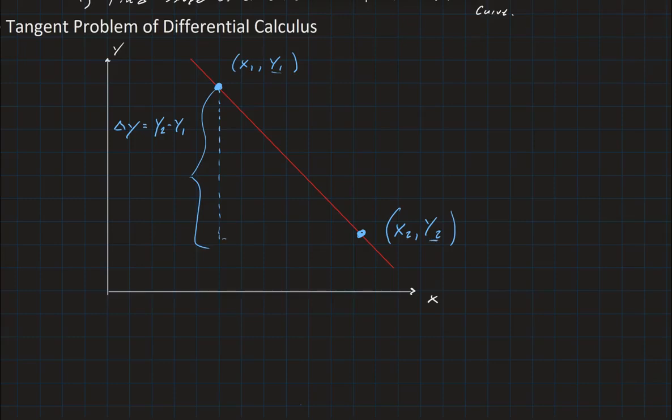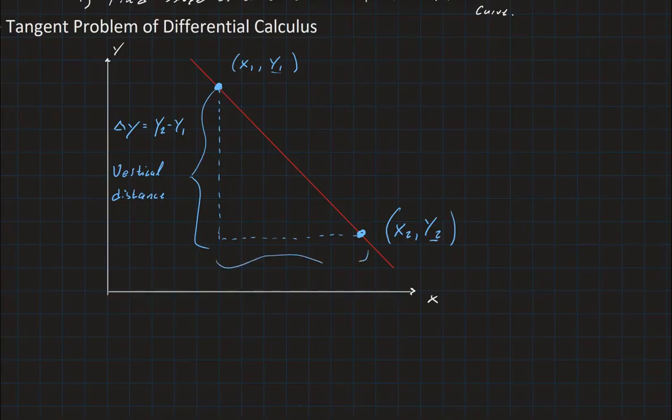The next thing I need to do is I need to measure the horizontal distance between the points. So this is the vertical distance, or the change in y.